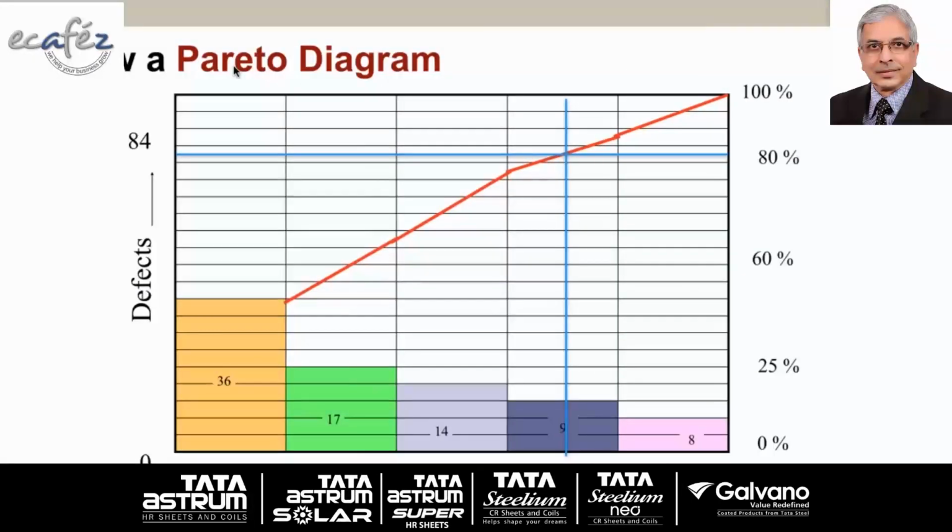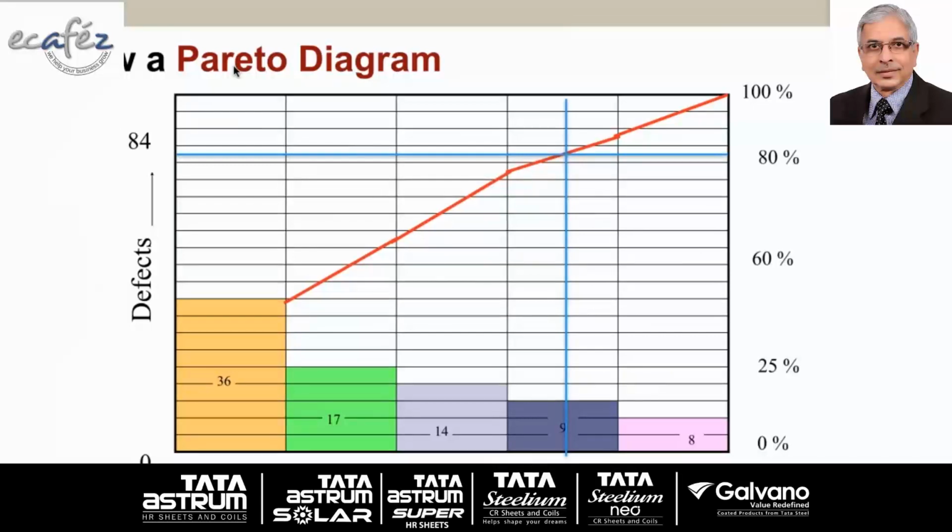These are the 5 factors: age of bread, thermostat failure, time setting, temperature setting, and elements failure. So if you just see, by making this Pareto diagram, with the cumulative percentage, the red line what you are seeing. And after that, you just draw a line at the 80%, and where it is cutting, that becomes the left side.